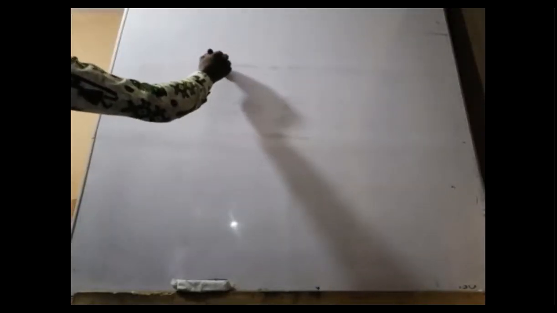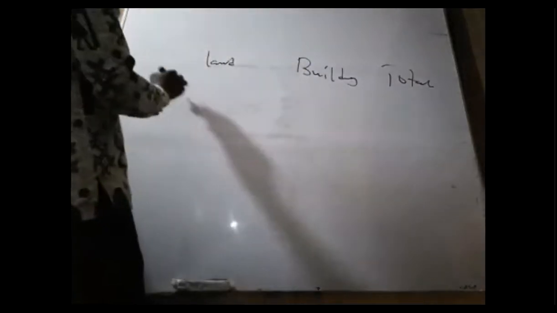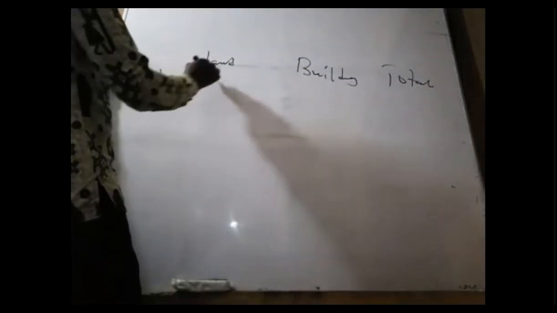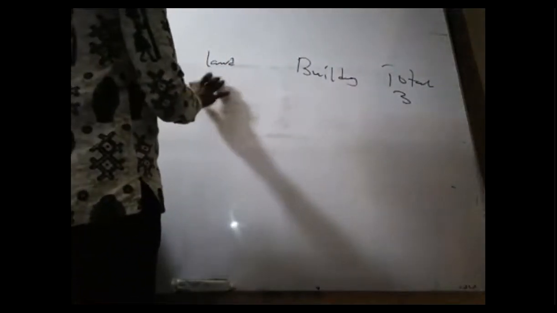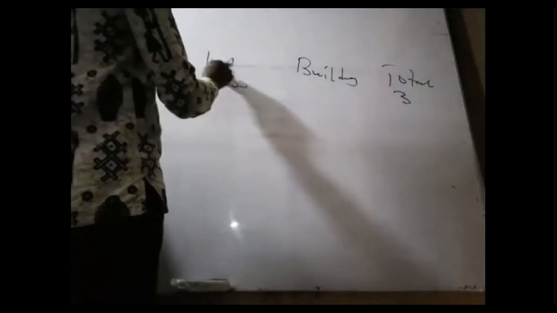Let me do something here. All right, here, land, and then building here, and put total here. The land cost is 1.2 million, and the total is 3.7. Let's report in thousands.